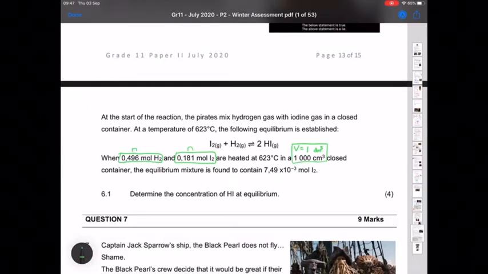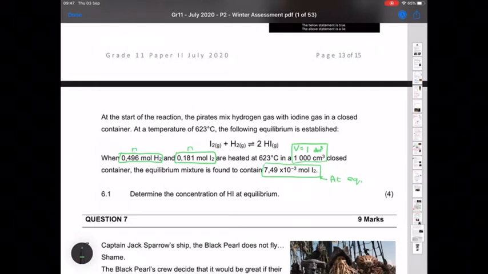The equilibrium mixture is found to contain 7.49 times 10 to the minus 3 moles of iodine. That's at equilibrium. Determine the concentration of hydrogen iodide at equilibrium. So you need to use the table method to do that.